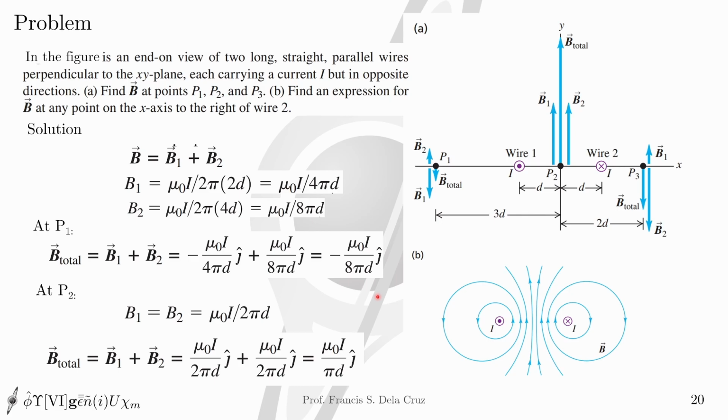So at the middle, they have the same magnitude and they add up due to the direction. What will be the total? That is mu naught I over pi D. And look at that, the magnetic field vector is huge because you add two similar vectors.